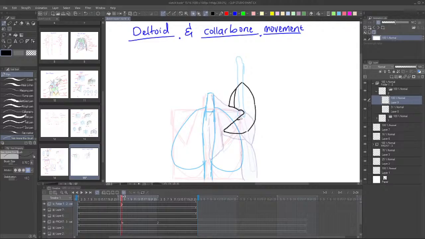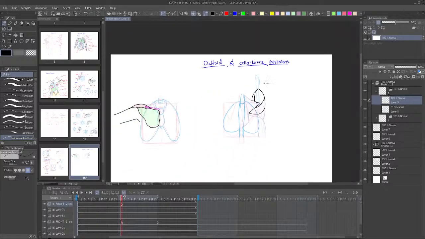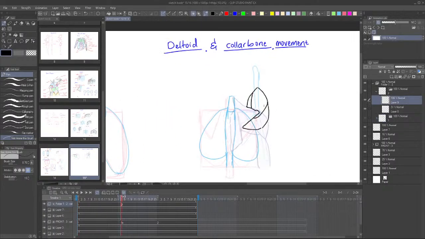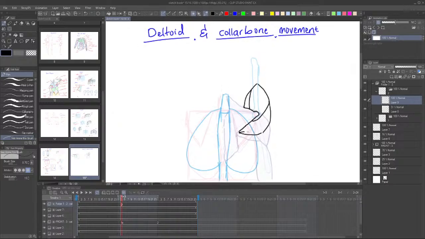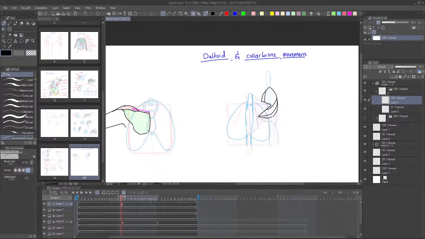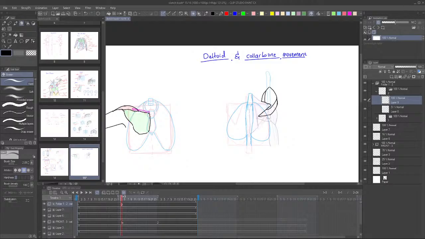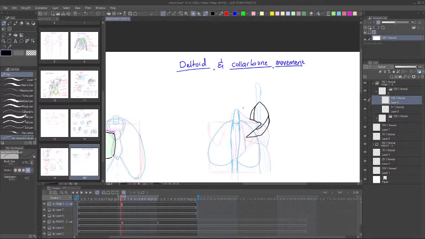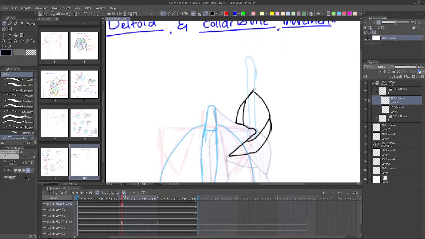Then we'll see the whole part of the middle part and also slightly the back. We're going to see the pointy part of it. So this is the landmark when you're moving arms around.